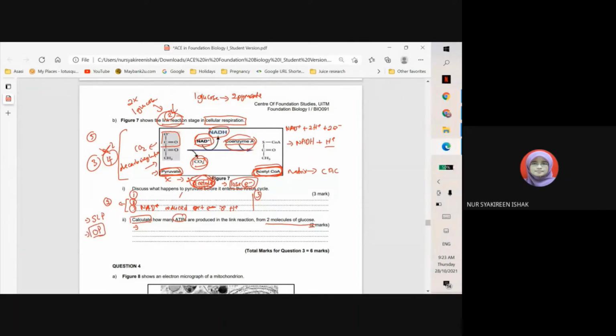Oxidative phosphorylation akan menghasilkan ATP daripada NADH dan juga FADH yang terhasil semasa sama ada glycolysis, link reaction ataupun citric acid cycle. Okay. So kalau awak nak pilih, jawapan dia adalah penghasilan ATP tu melalui oxidative phosphorylation.